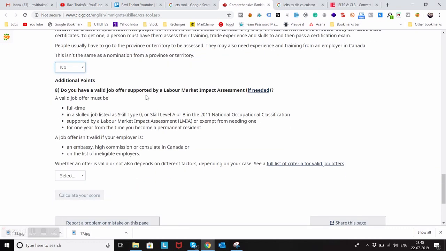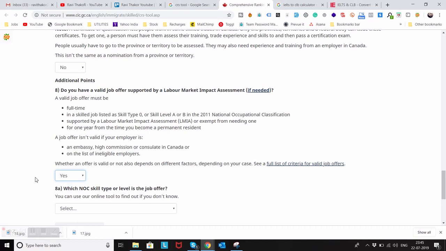Now the next question is, do you have a valid job offer supported by a labor market impact assessment? The only people who can select yes here are those whose employer is sponsoring their visa, and whose employer has gone through a long process of 4 to 6 months where they need to show that they couldn't find any good skilled worker from Canada, and that's why they are hiring from a foreign country.